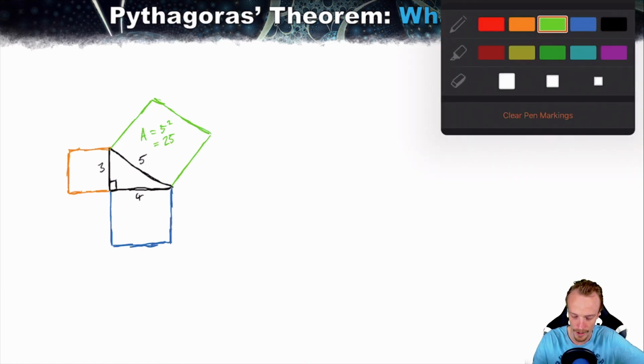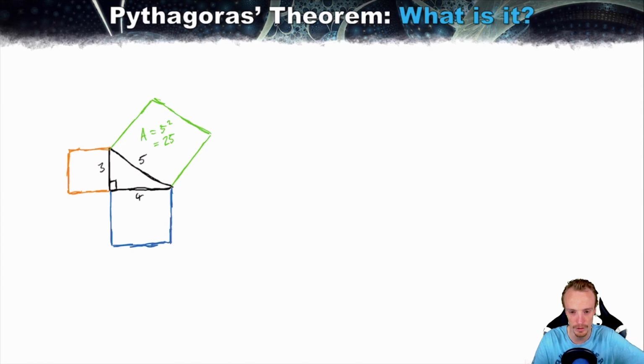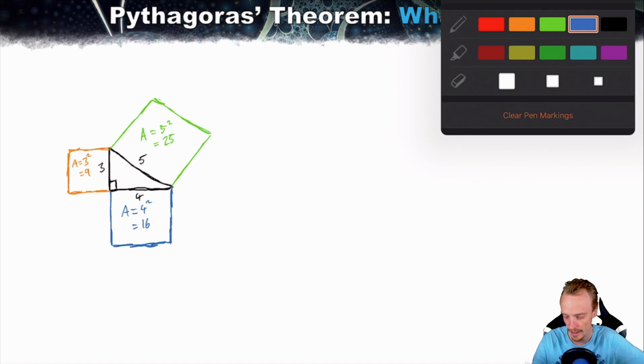What that's saying is it's going to be equal to the 2 shorter squares added together. The area of this one is going to be 3 squared, because each side length is 3, which is 9. And for this other shorter square down here, it's going to be 4 squared, which is 16 square units. I haven't got units written down here, but for the sake of this, we'll just keep going.